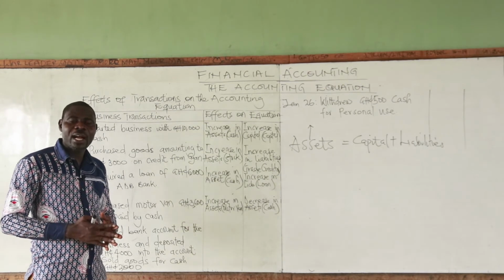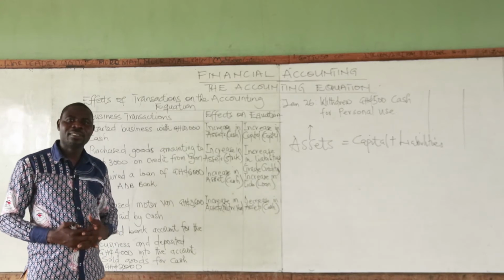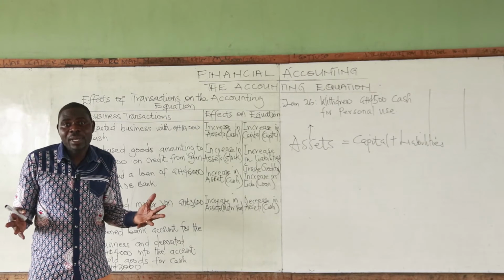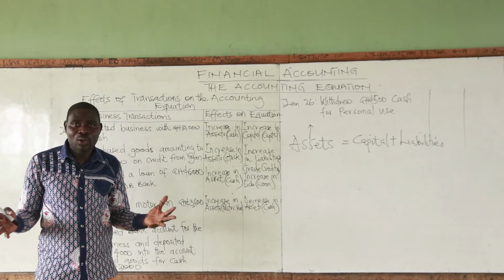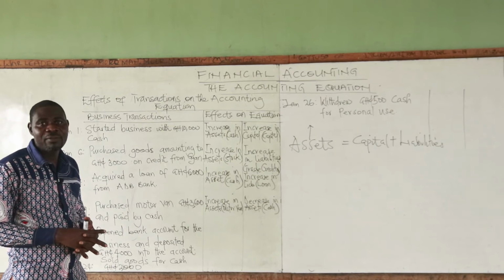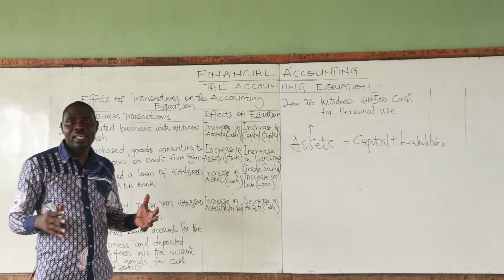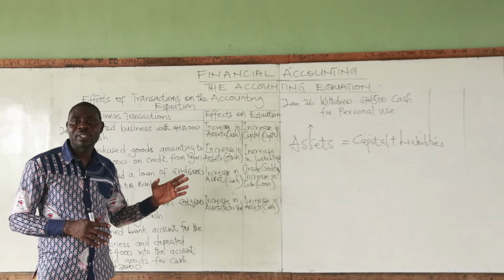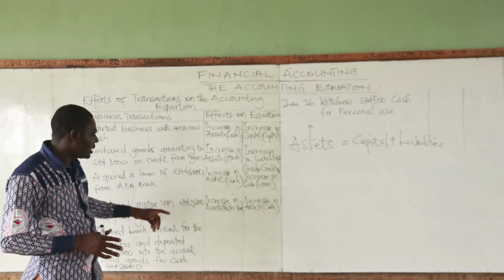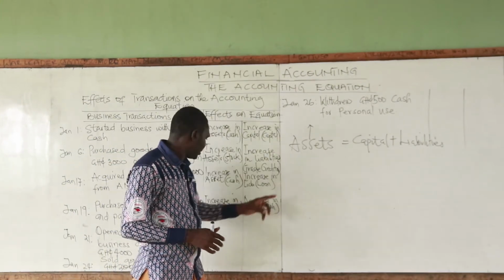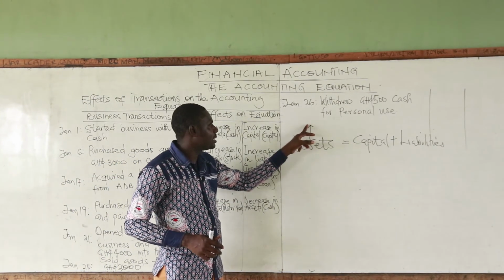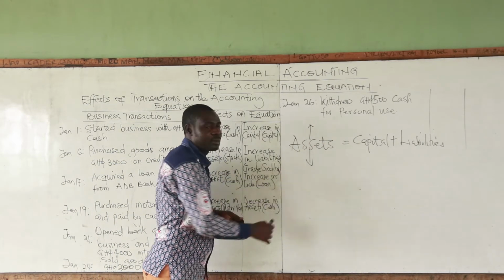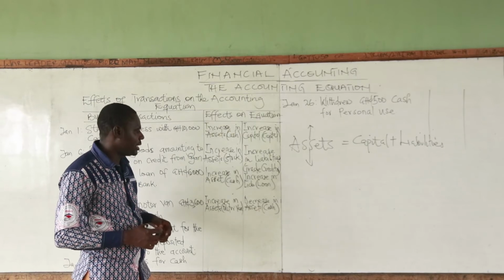When we open a bank account and send money into it, it is still our money. So it wouldn't have any effect on the accounting equation in terms of changes in figures. Just as we did here, an asset, motor van, increased, and another asset, cash, decreased.